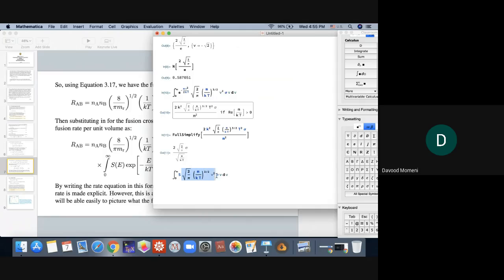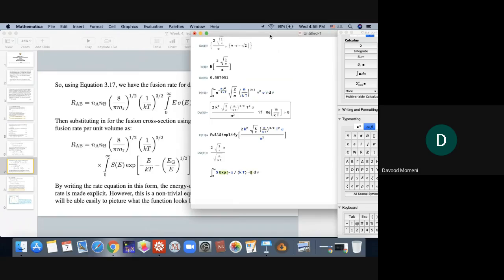So, exponential of minus... can I write energy? I write energy as X, okay? And E_G over X. I am just writing the expressions here, and the integral over E. So X here is energy.